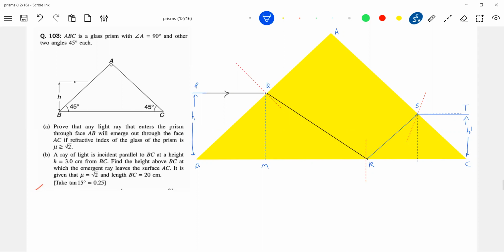We know H is 3 centimeter, BC as given. This angle is 90 degrees. This angle is 45.